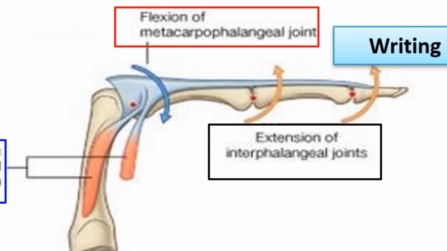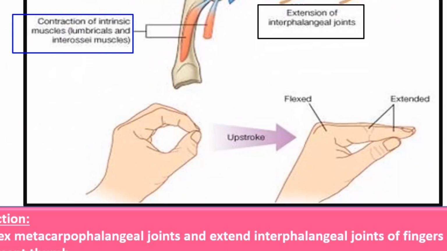At the level of the metacarpophalangeal joint, these muscles will bring about flexion, and at the levels of the interphalangeal joints, these muscles will bring about extension. So it puts the hand in this posture and also this posture.